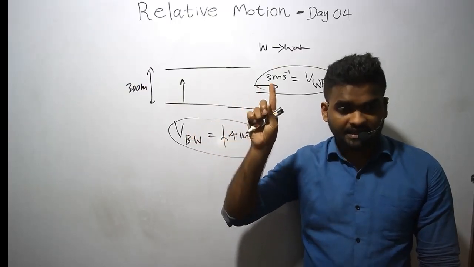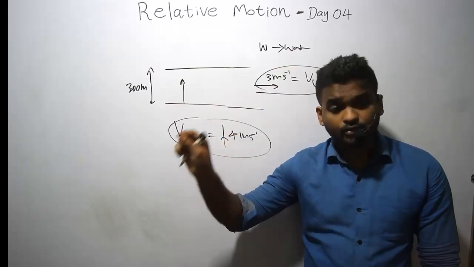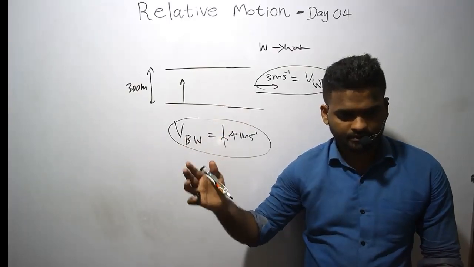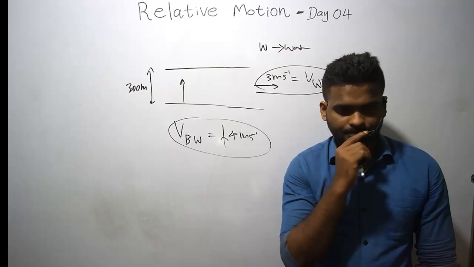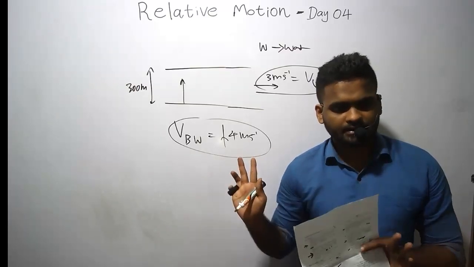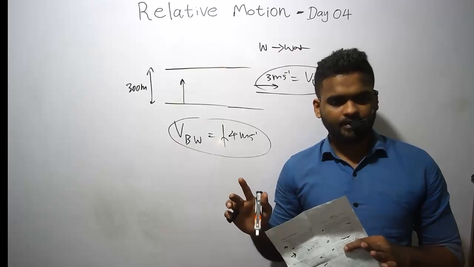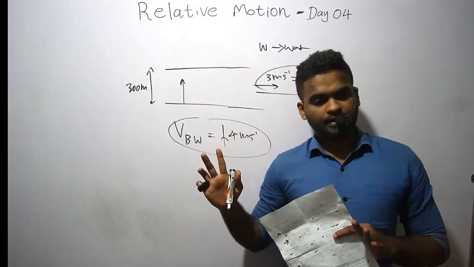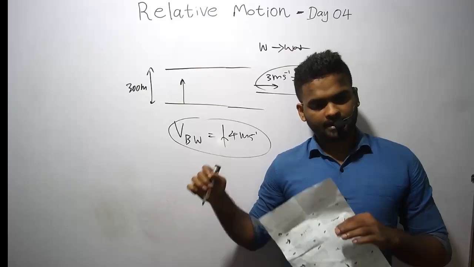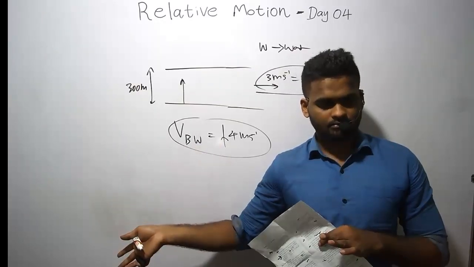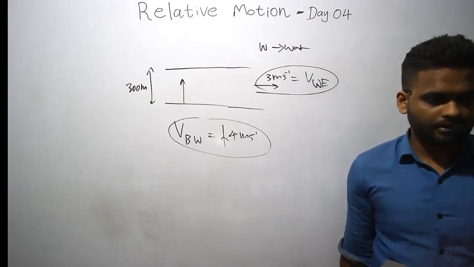Understood? Still air means relative to air, air or wind there, right? Understood? Directly take it like that, and you would get the answer there. If it is still water, you can directly consider that velocity is relative to that water. You can directly take it. Not related to earth, right?